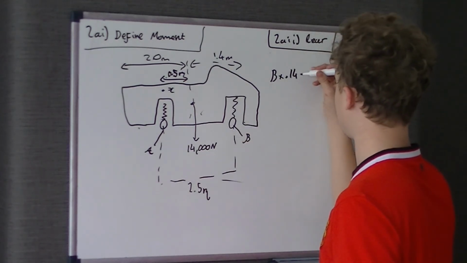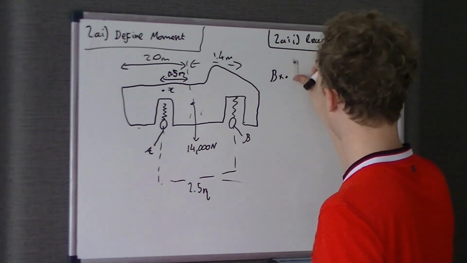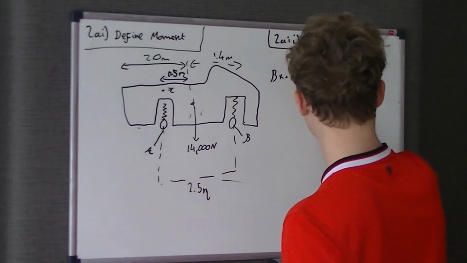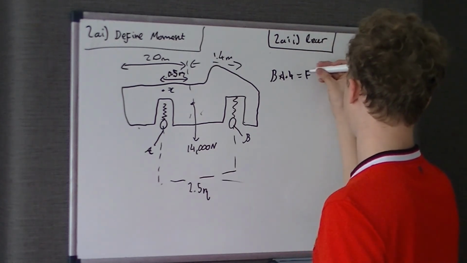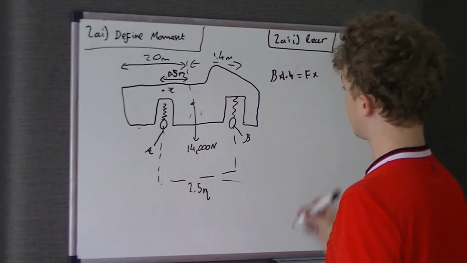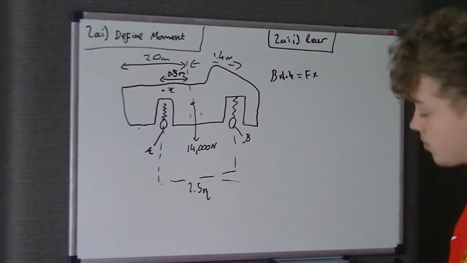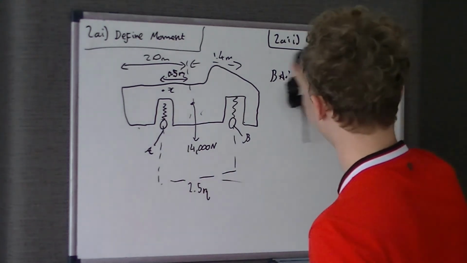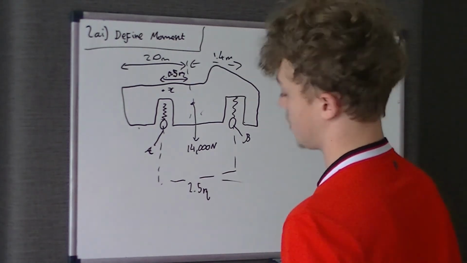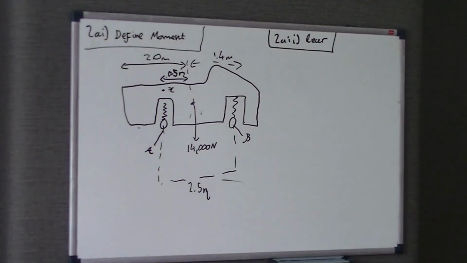B times 1.4. Oh God, I can't even write anymore. 1.4 equals F times. Oh, sorry, I'm just completely messing this up. Just make sure I'm not messing it up too badly. Give us a second.